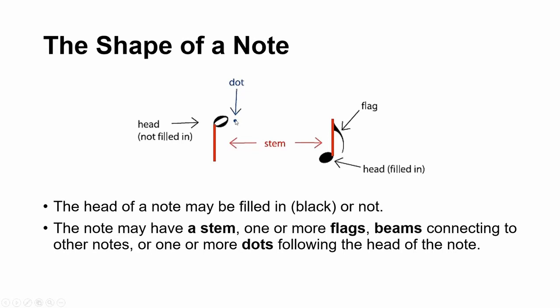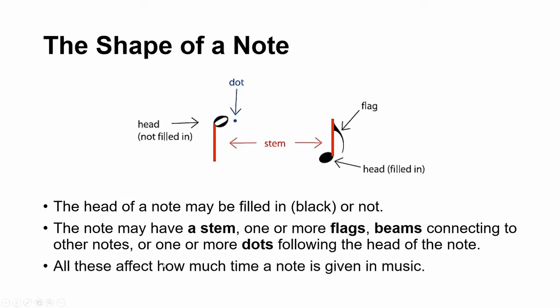So this dot, like we discussed, you could have one dot, you could have two dots sometimes, but typically you'd see a dot, and the dot always follows the head. So all of these affect how much time a note is given in music. So whether the head is filled in or not, whether the note has a stem and a flag, whether the note has a dot, all of these determine how much time a note is given in music.